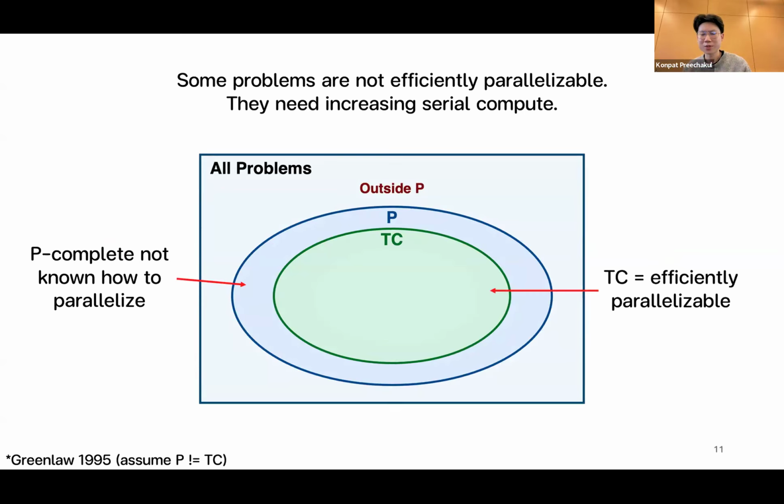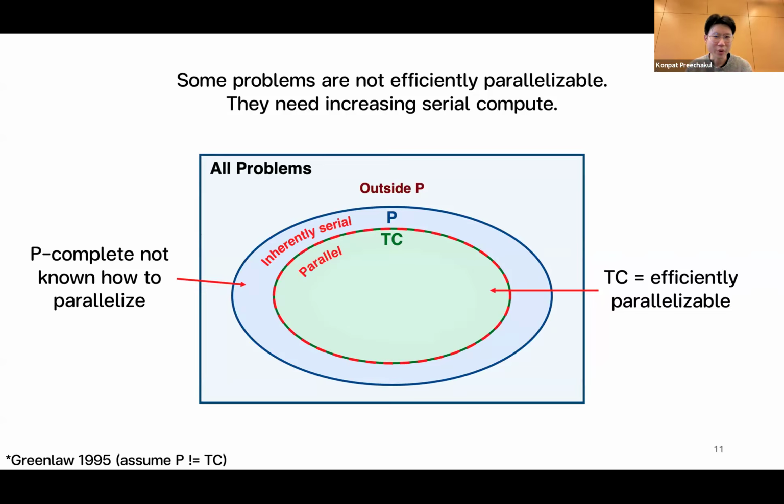Another class of problems is TC, which we know how to parallelize well. Conceptually, you can think of that as problems that you can solve with neural networks of polylog depth. It's not because of lack of trying. For more than 40 years, we haven't found a single parallel solution to any P-complete problem.